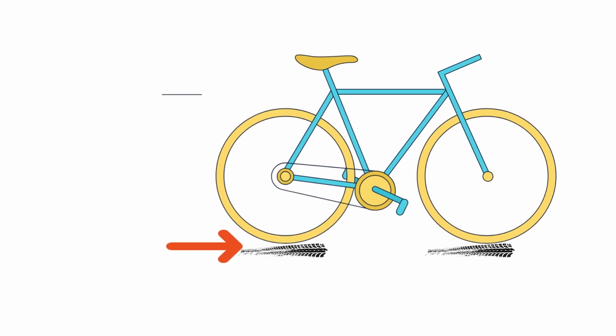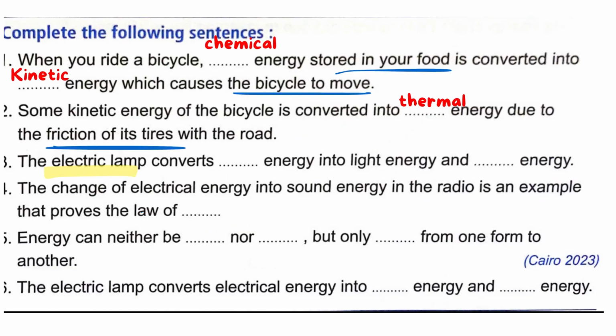Yes, so it's thermal energy. Some kinetic energy of the bicycle is converted into thermal energy due to the friction of its tires with the road. Okay, this is one of the wasted energies.